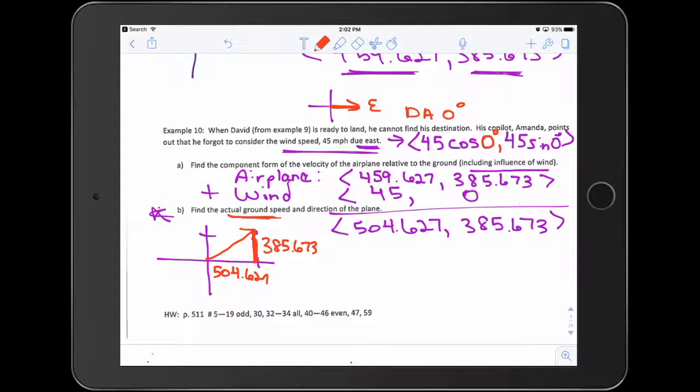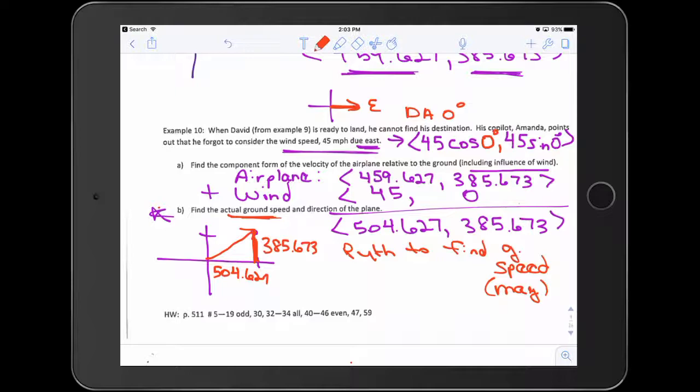And so use your Pythagorean theorem to find that. So use Pythagorean theorem to find magnitude, or I'll even say ground speed, because that's the magnitude. And then to find a direction, you use your tangent.